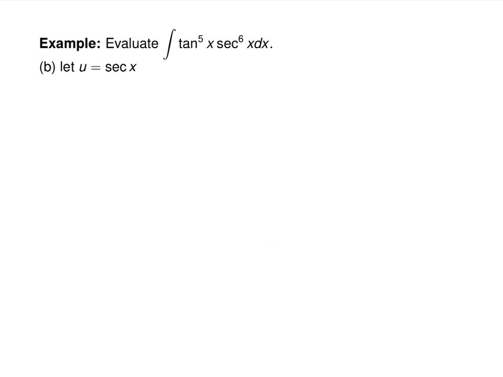This other way also works if you let u equal secant. In that case, your du would be secant x tan x, so you have to save a secant and a tangent. So we write this as tangent to the fourth x, secant to the fifth x times secant x tan x dx.